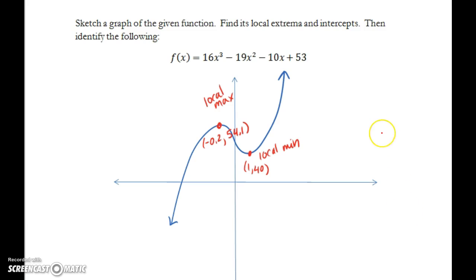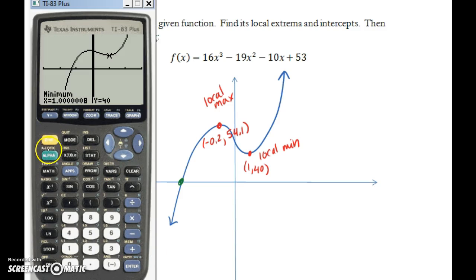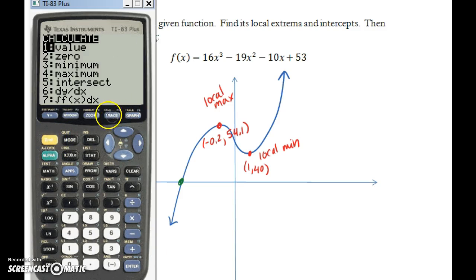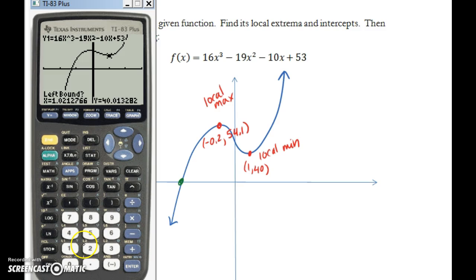We want to find the intercepts. So let's do our intercepts in green here. Our x-intercept first. How do we find our x-intercept? You're going to go to calculate, and we're going to go to 2 because zeros is another word for x-intercept. So if we choose option 2, it says left and right bound. Notice that our x-intercept here is between -2 and -1.